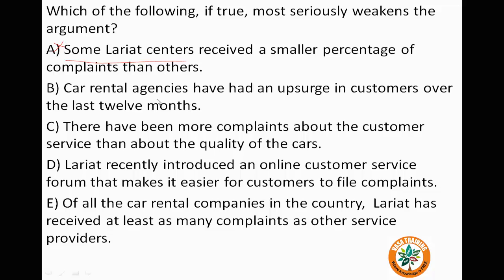Option B says car rental agencies have had an upsurge in customers over the last 12 months. So although it's relevant to the context, it's not really helping us to weaken the argument at all, because more customers in the industry in general does not tell us anything about whether the customers of this particular agency are dissatisfied or not.